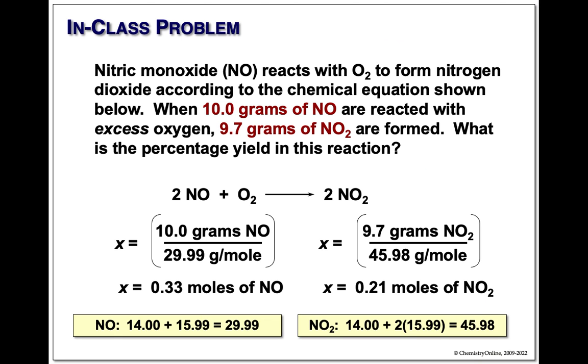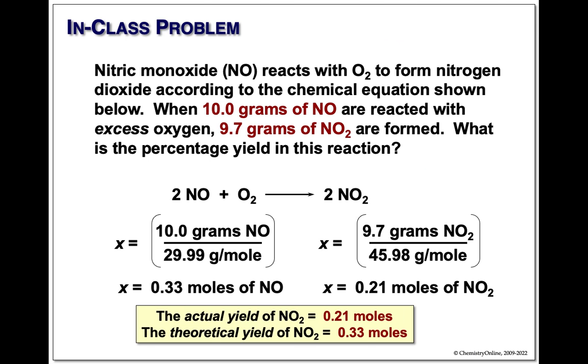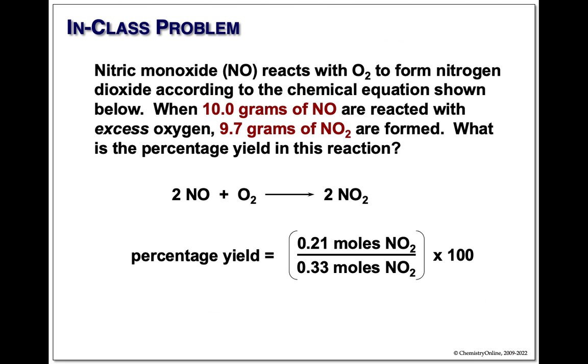Quickly calculate the percent yield. It's simply going to be 0.21 divided by 0.33 times 100. Any questions?